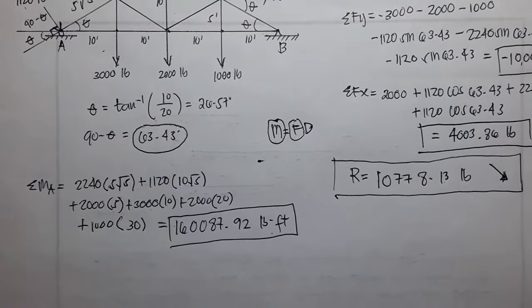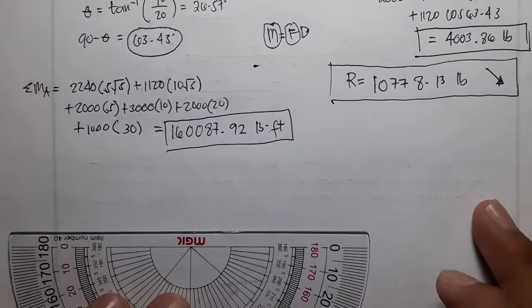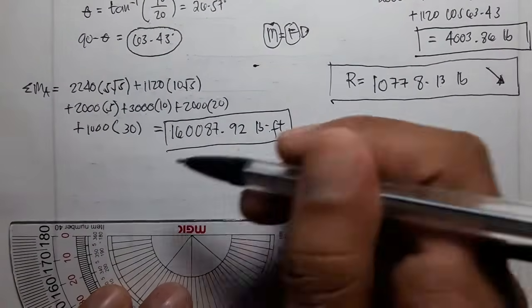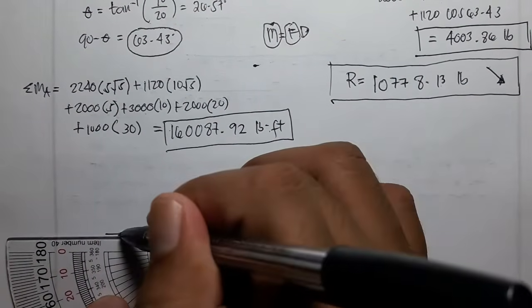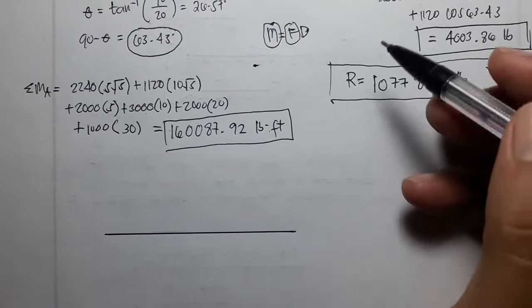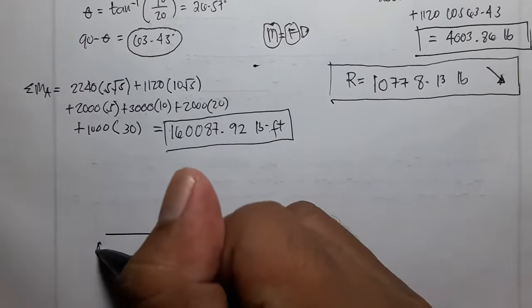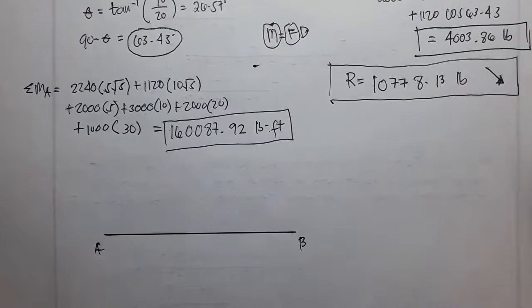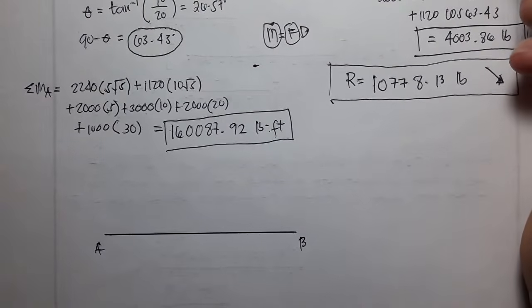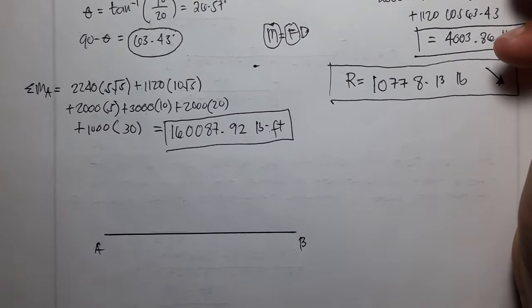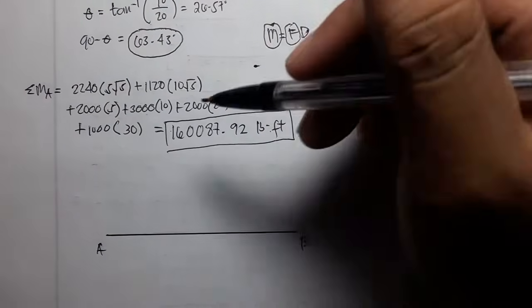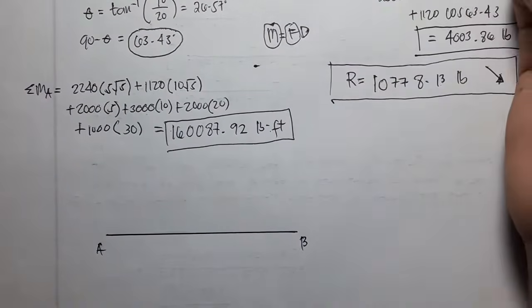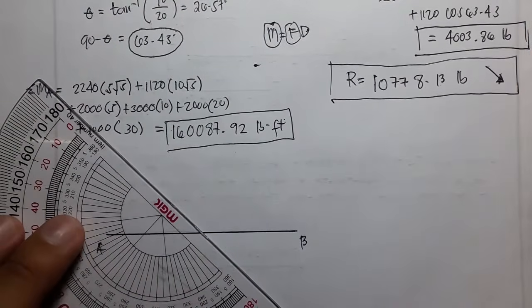Now we all know that our resultant is downright. So imagine if this is our A and B, because we are asked to locate the resultant that intersects these two points. So we know that it is downright.